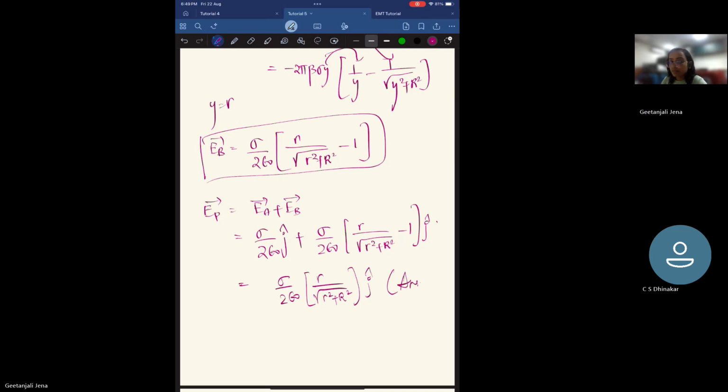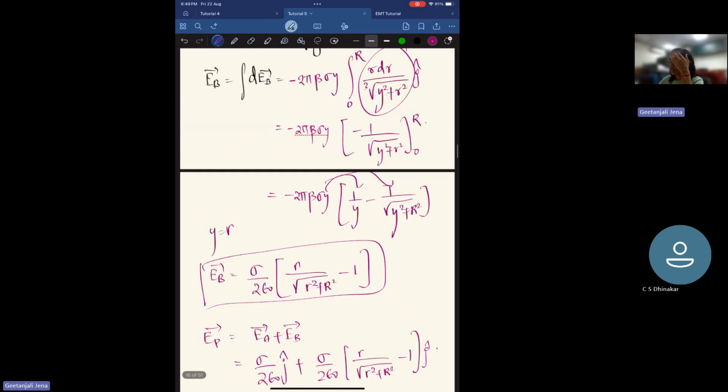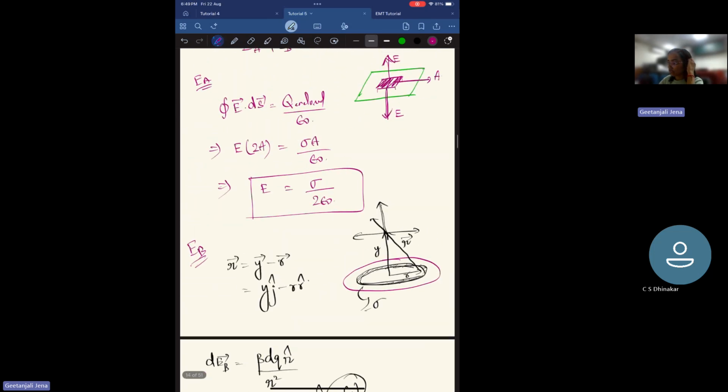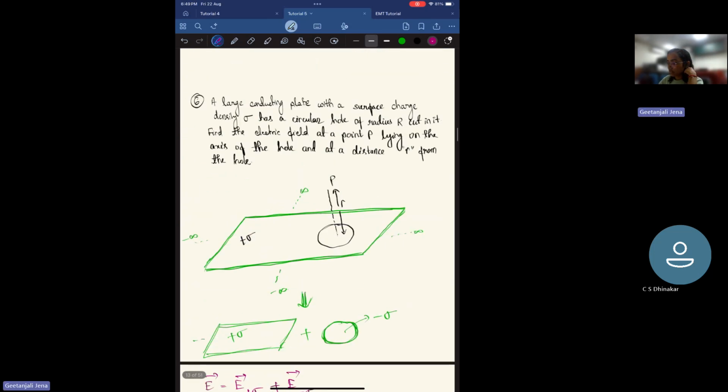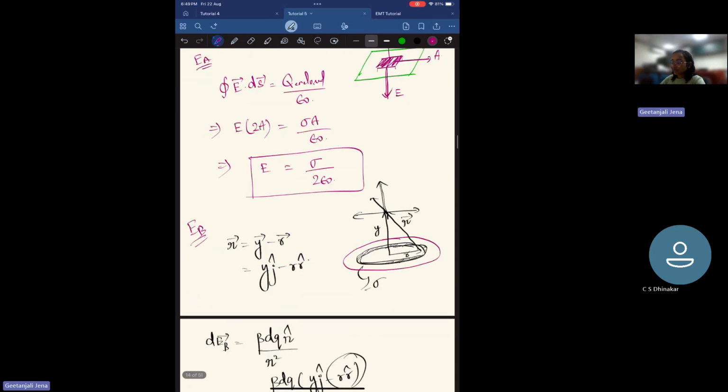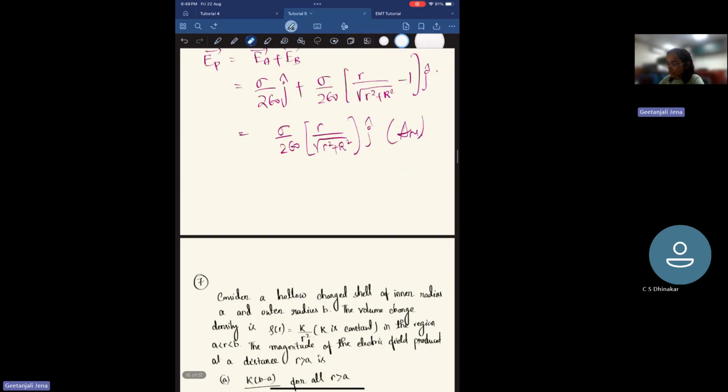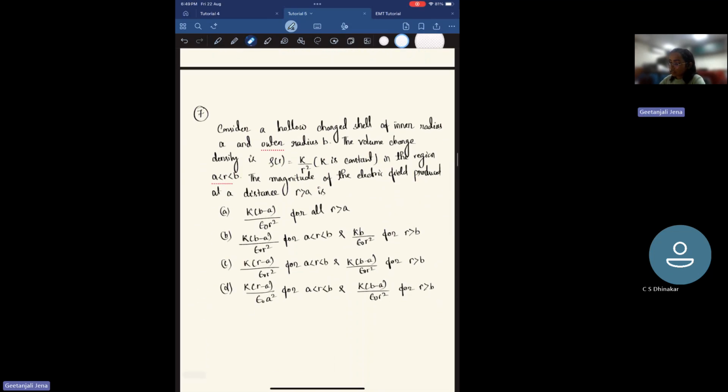Okay. So this is how you can use the superposition principle to find out the electric field. Okay, this problem is over now. Let us move to our next problem.